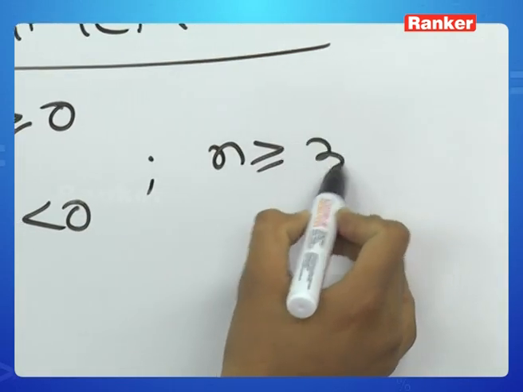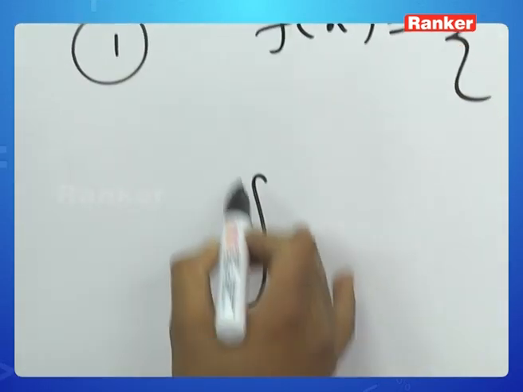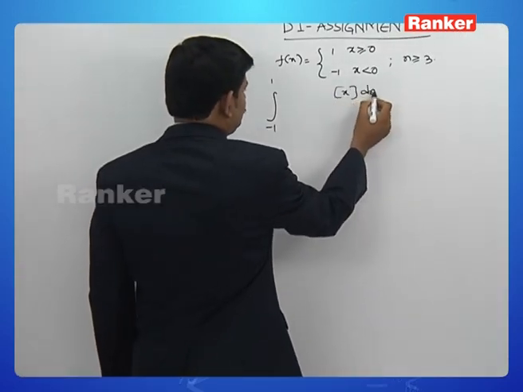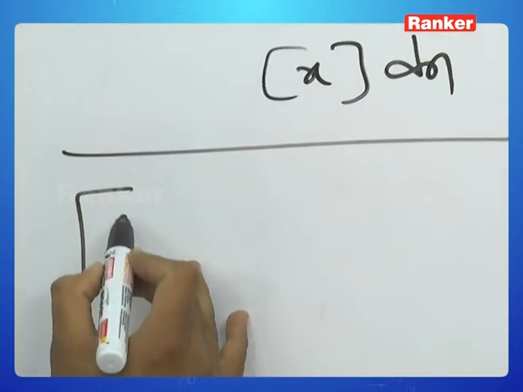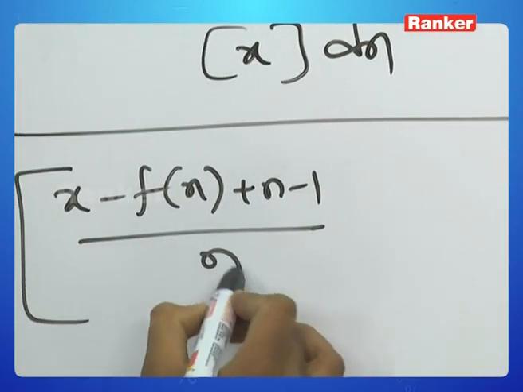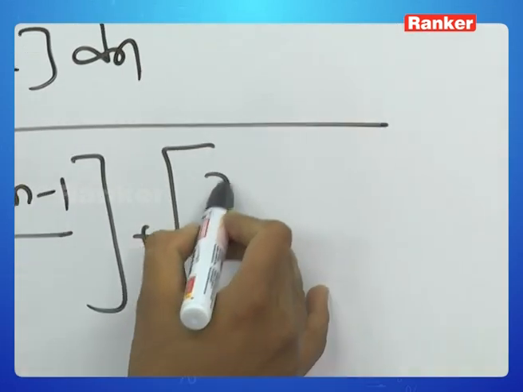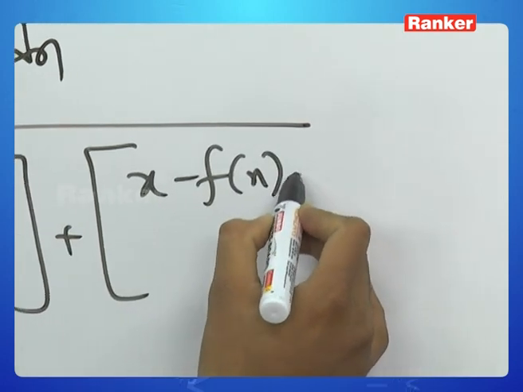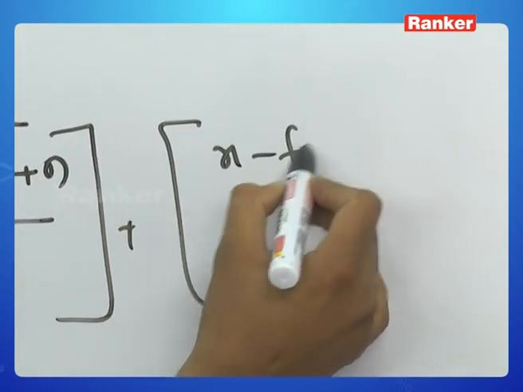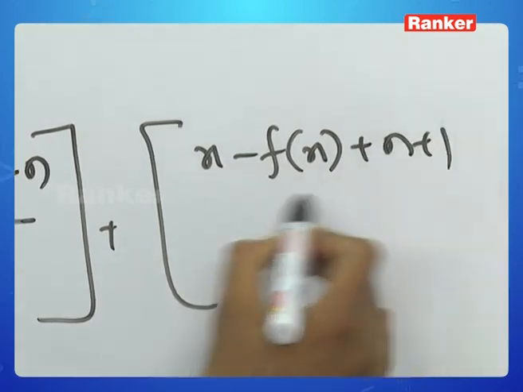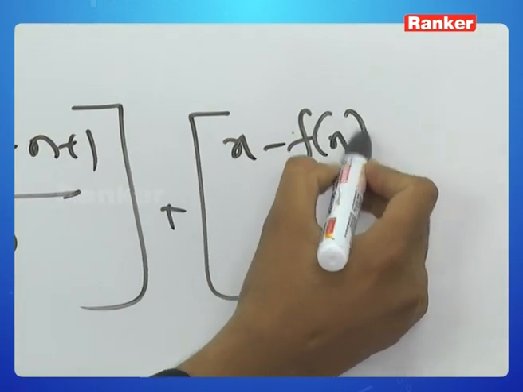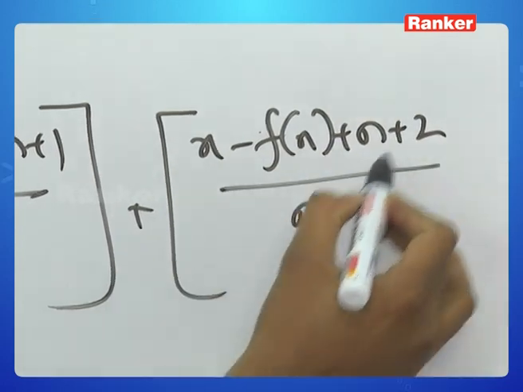For a given integer n greater than or equal to 3, we need to evaluate integral minus 1 to 1 integral part of x dx by integral part of x minus f of x plus n minus 1 by n plus integral part of x minus f of x plus n by n plus integral part of x minus f of x plus n plus 1 by n plus integral part of x minus f of x plus n plus 2 by n.